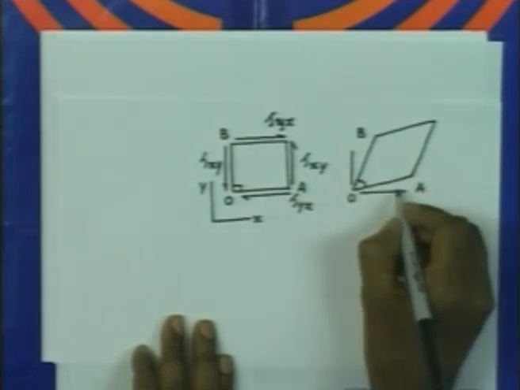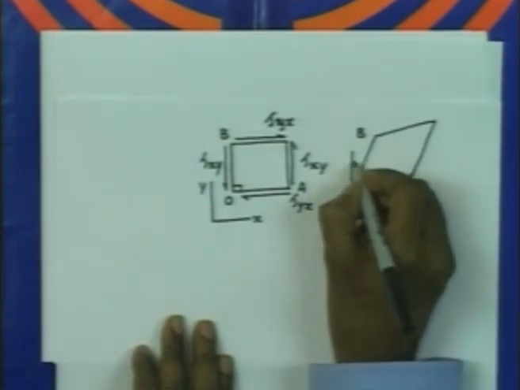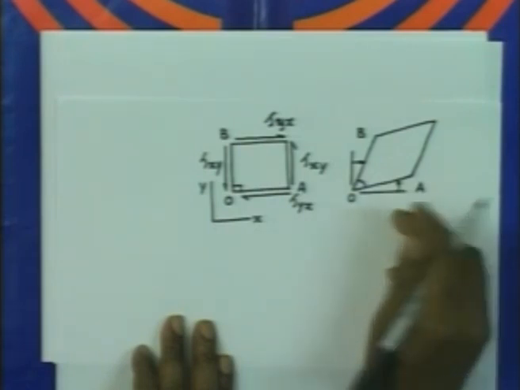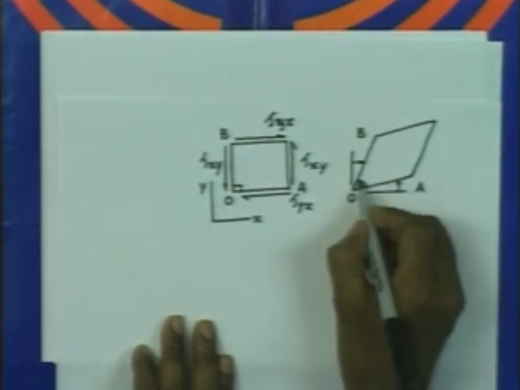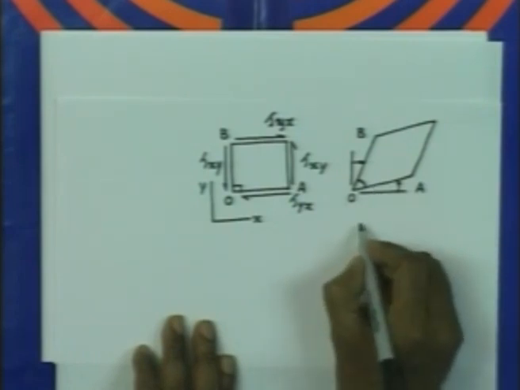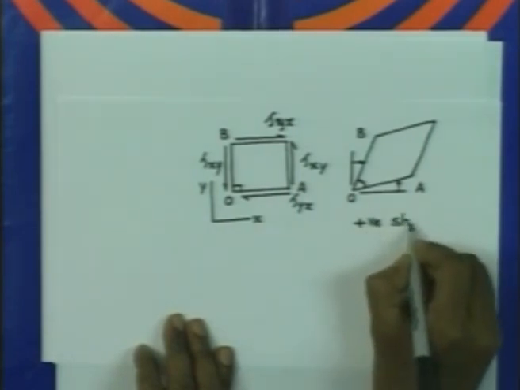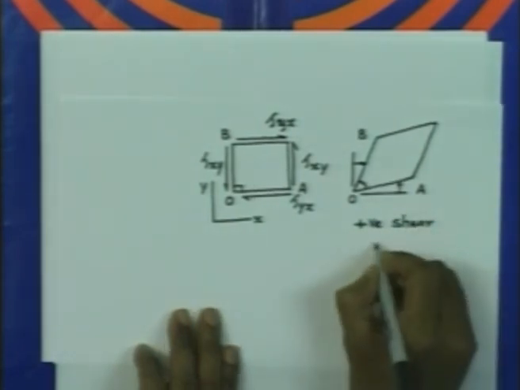The direction OA has rotated like this, direction OB has rotated like this, and therefore this causes a reduction in the original angle, and this is known as positive shear deformation.